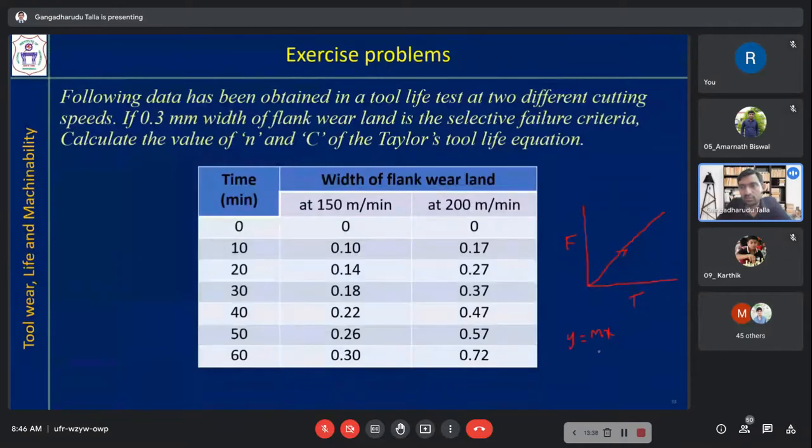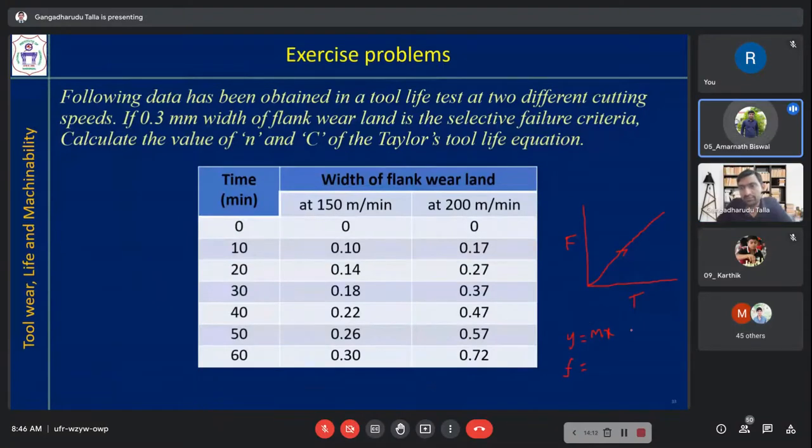Now find out m first. Tell me what is m. In case I am representing flank wear as f, you clearly write flank wear is equal to f mm. Otherwise, if you are using this f, we will think that this is a feed rate. m is the slope of the line.